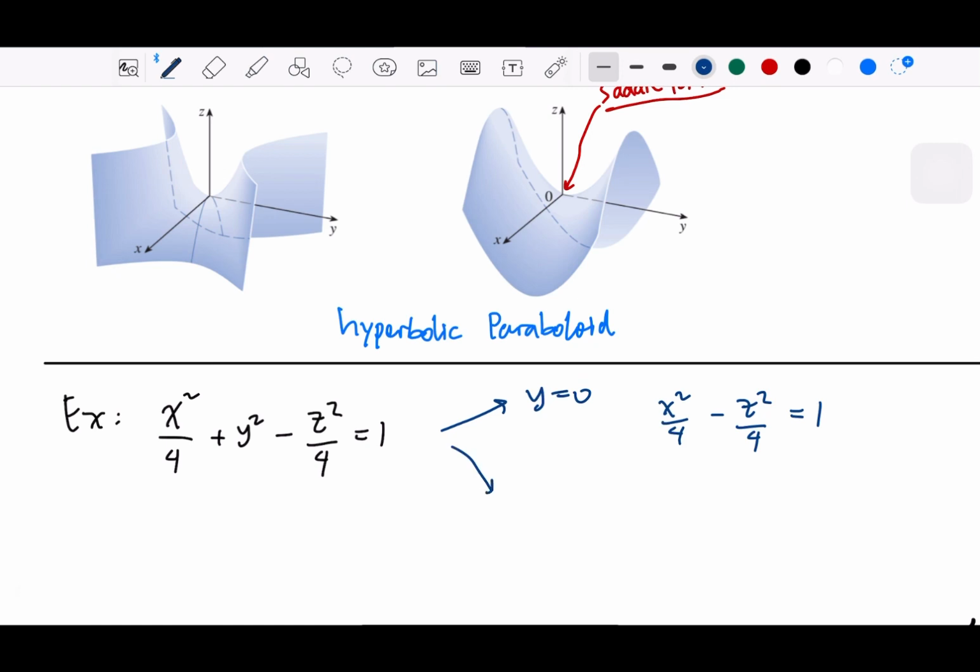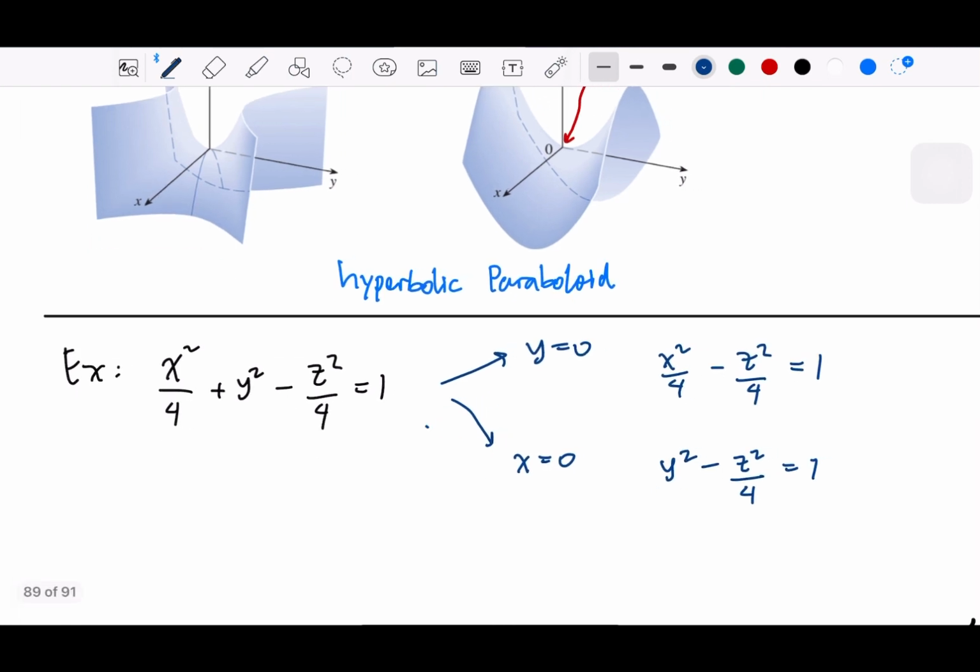And then we can take x equals 0. Another hyperbola. And then when z equals 0, we get an ellipse. So this is a hyperbola, and we have an ellipse.